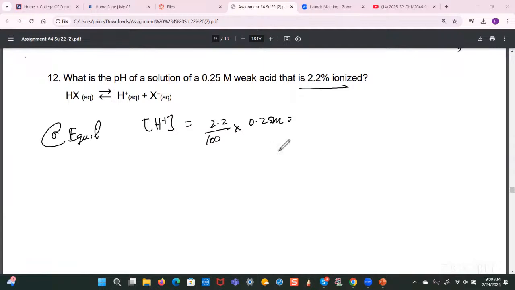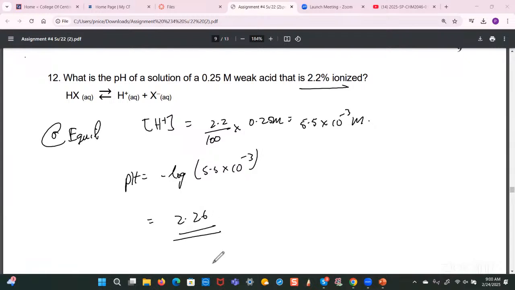According to my calculation, this works out to be 5.5 times 10 to the minus 3 M. That's pretty much it, because all you have to do is find the pH. That's what the question is asking for. Minus log of 5.5 times 10 to the minus 3. According to my calculation, the answer is 2.26. And that's it. Nothing much to do here to solve this problem.